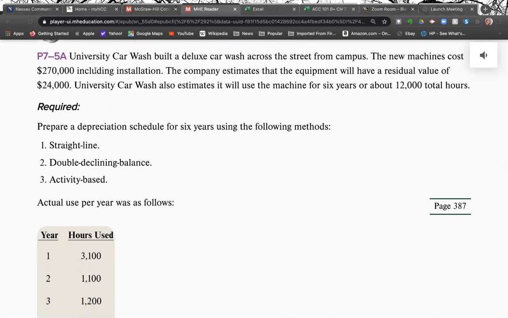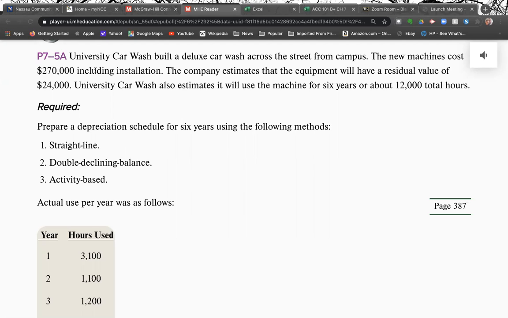University Car Wash built a deluxe car wash across the street from campus. The new machines cost $270,000, including installation.